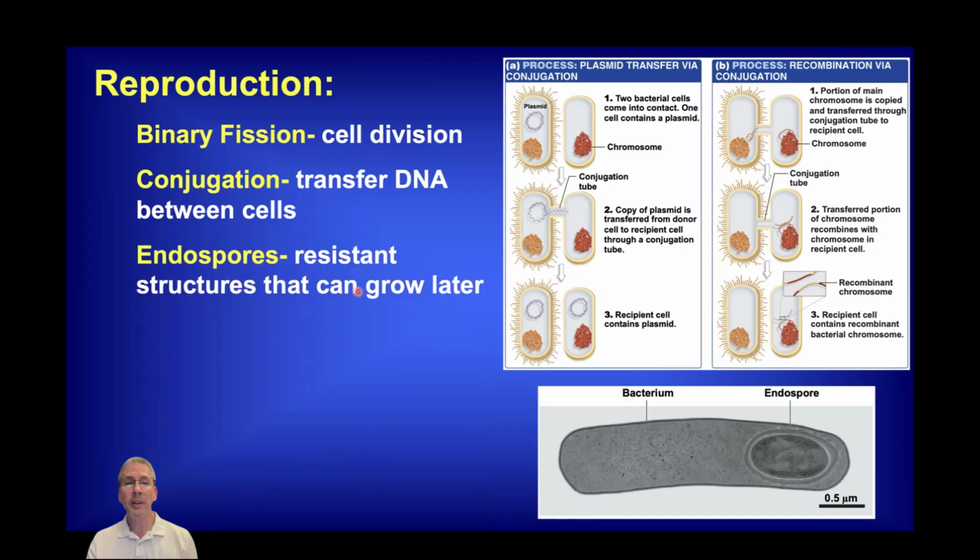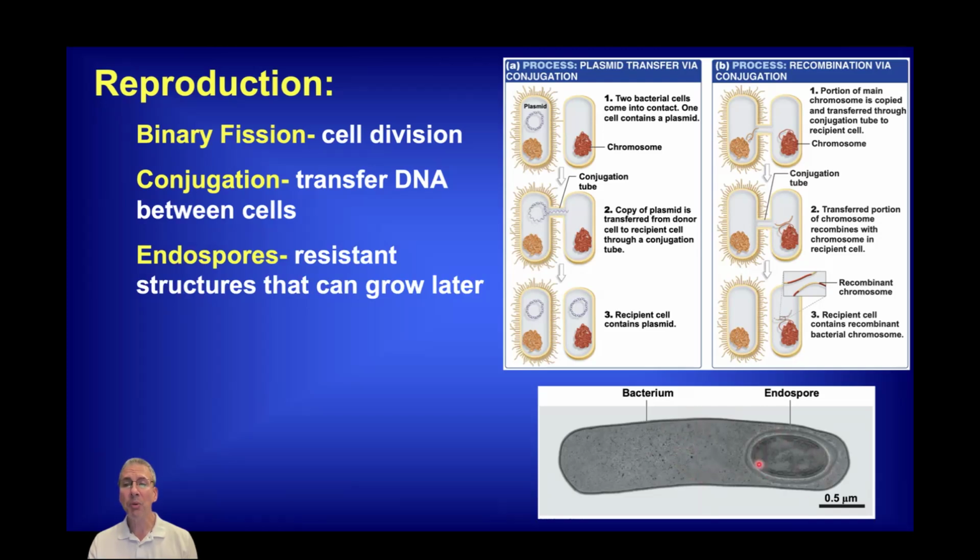Toward the bottom of the screen, we see an image of a bacterium, and this large structure here is an endospore. It turns out some bacteria are spore-forming bacteria, and these endospores form when conditions get rough. So if a bacteria is growing, but it runs out of water or nutrients, what certain species can do is essentially wall off their chromosomes, so wall off their DNA, and the whole entire cell will potentially die.